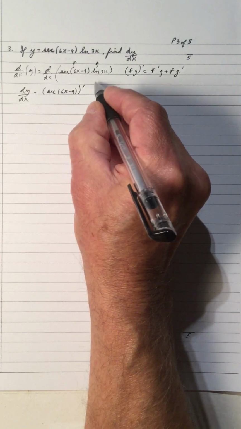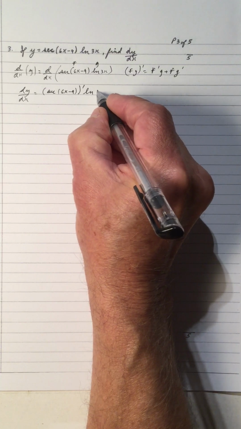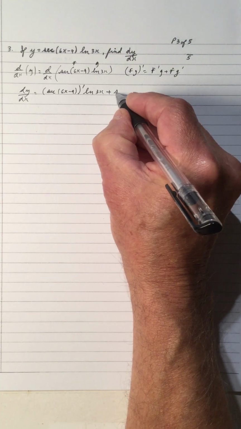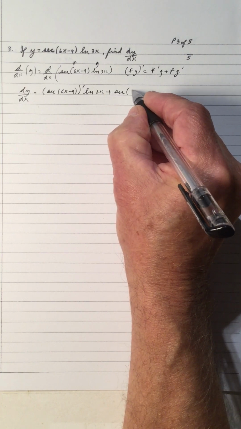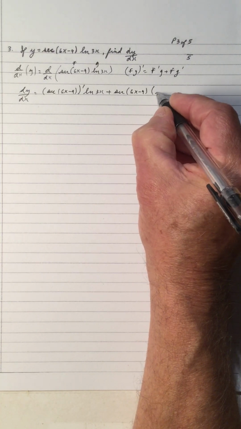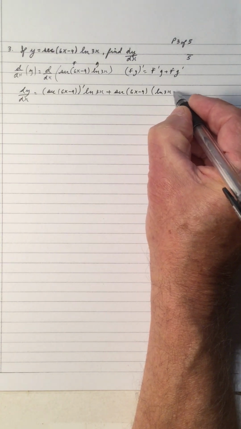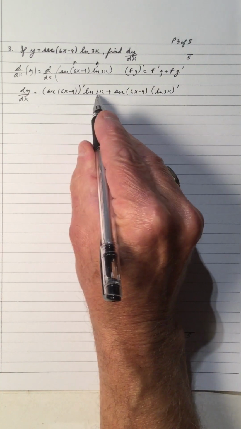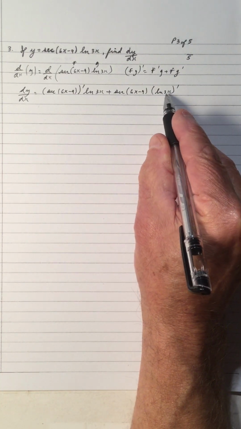So derivative of that times g, which is ln 3x, plus we have the secant of 6x minus 9, and we have the ln of 3x derivative. So that's derivative of f times g and f times the derivative of g.